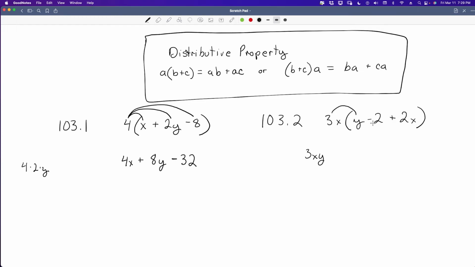So we bring down the operation here, and now we multiply times the second term. 3 times 2 is 6, and we have to bring down the variable, 6x. Bring down the other operation, which is a plus sign, and now we multiply 3x times 2x. So x to the first times x to the first, we add the 1 and the 1 together.